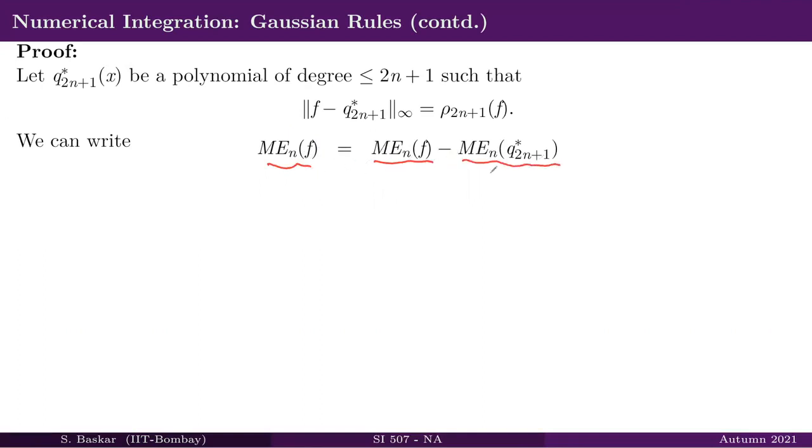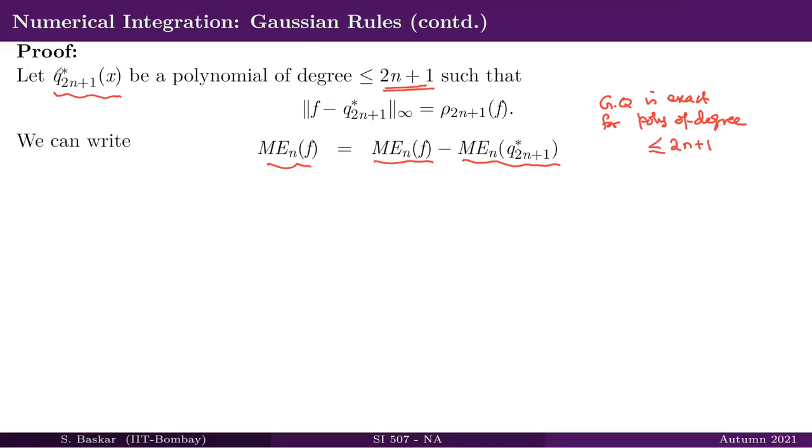Why are these two equal? Well, if you recall, the Gaussian quadrature rule is exact for polynomials of degree less than or equal to 2n plus 1. And your q star 2n plus 1 is a polynomial of degree less than or equal to 2n plus 1.